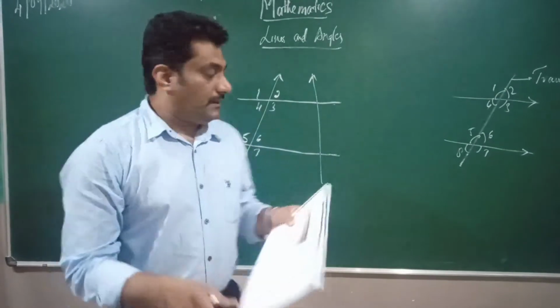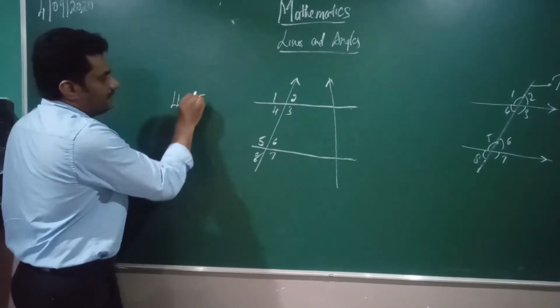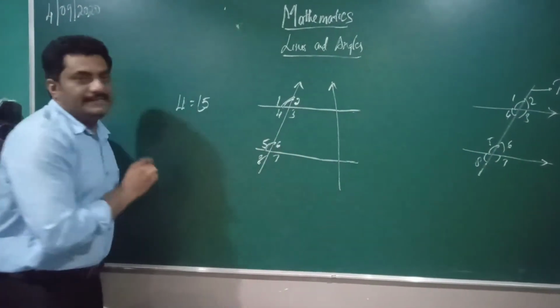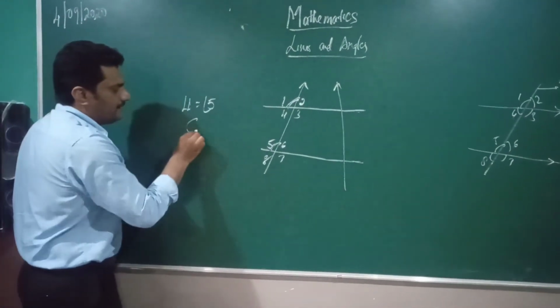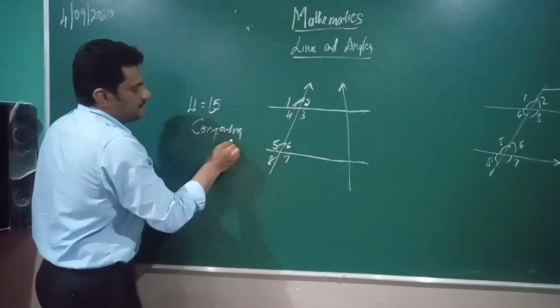Now in the first one, they have told that angle 1 is equal to angle 5. These two angles are equal. Why are they equal? Because they are corresponding angles.